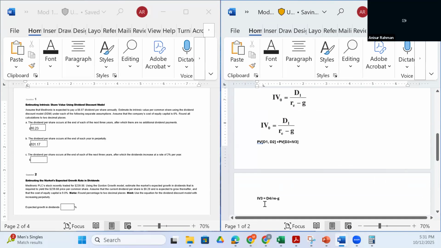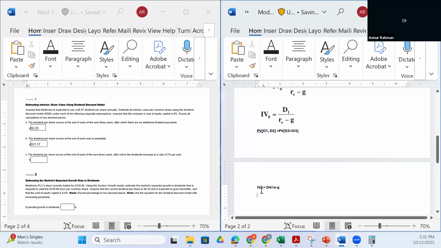So our first step is to calculate the intrinsic value at the end of year 3, which will use our dividend 4.